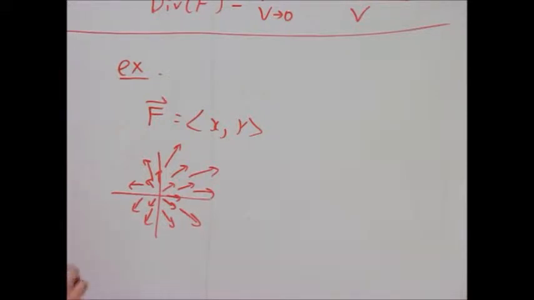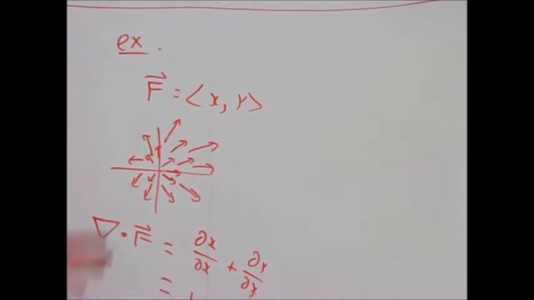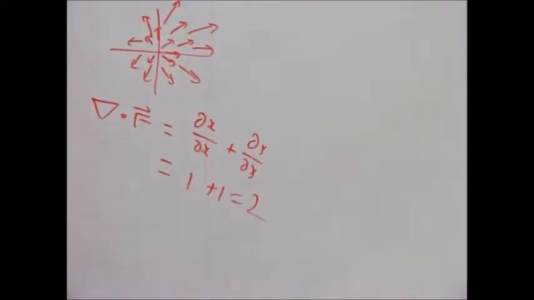So divergence is just going to be the partial derivative of x with respect to x, which is 1, plus the partial derivative of y with respect to y, which is 1. 1 plus 1 is 2. So divergence is 2, in fact, at every point here.